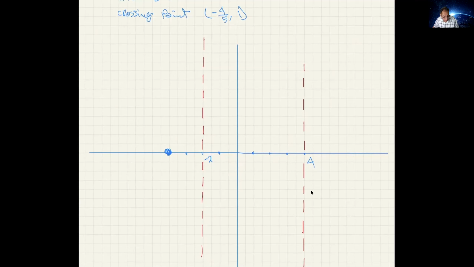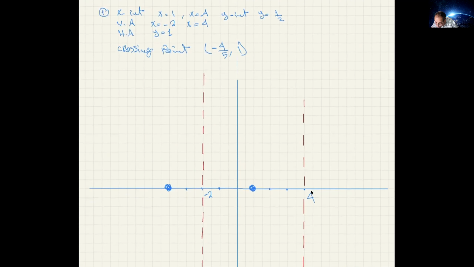And then what did we get for Y-intercept? We got 1/2. So Y-intercept is 1/2 here. Now the horizontal asymptote is Y equals 1.